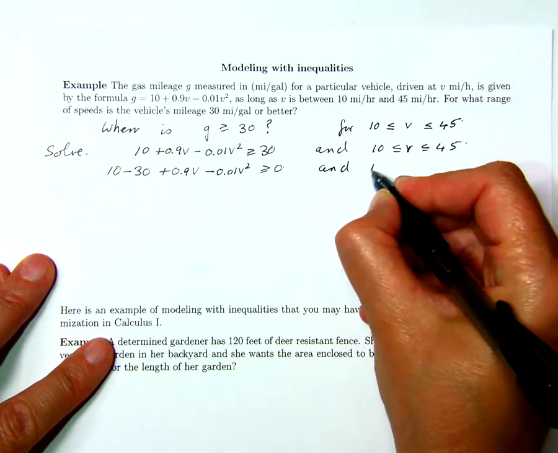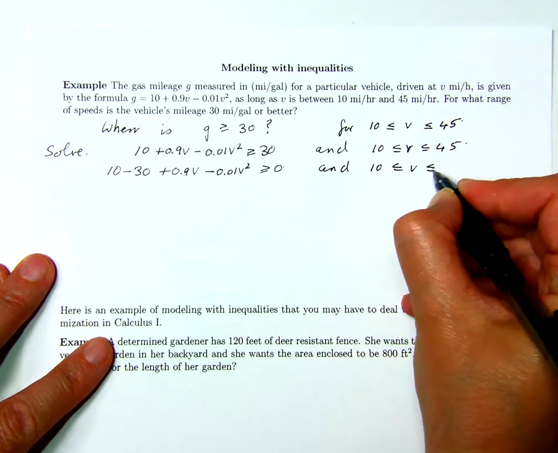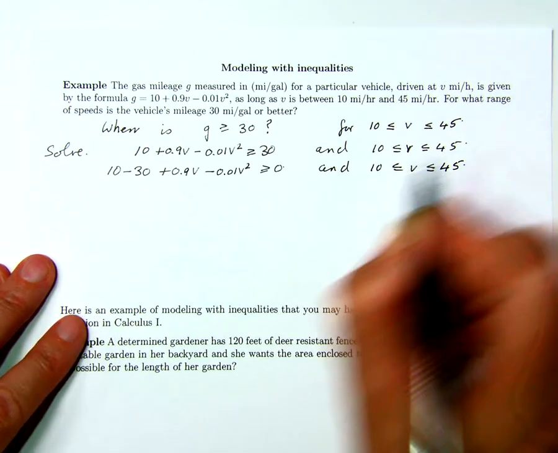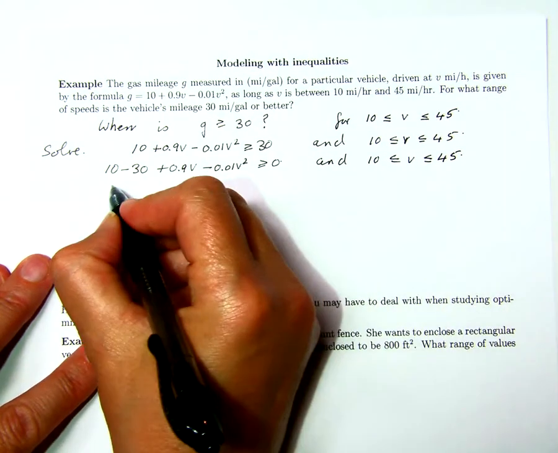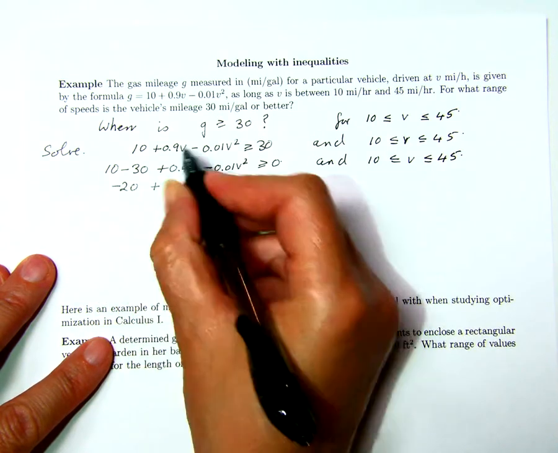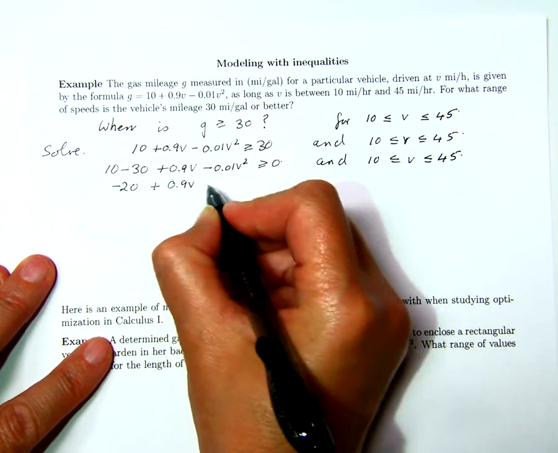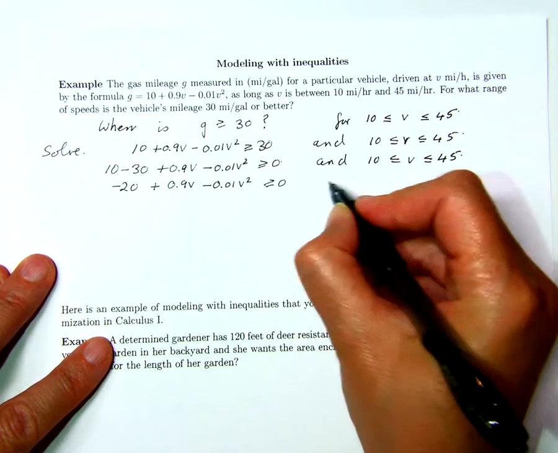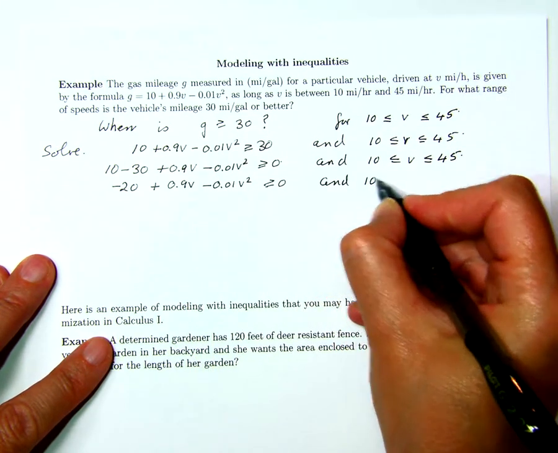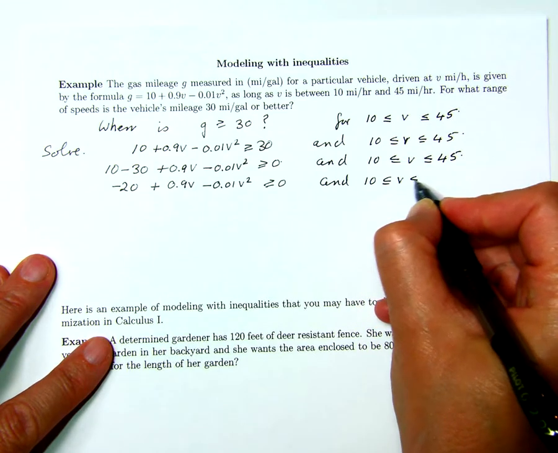And I want those values of V, which are between 10 and 45, which satisfy that inequality. So I want minus 20 plus 0.9V minus 0.01V squared greater than or equal to 0, and V between 10 and 45.